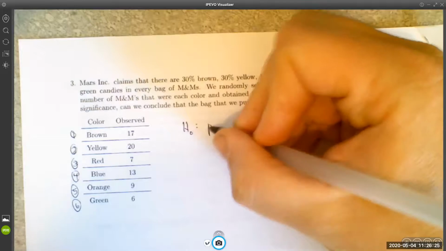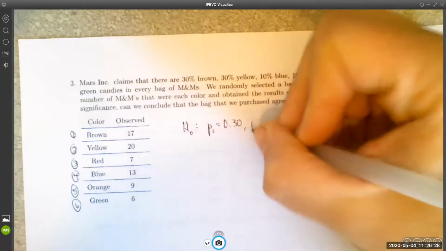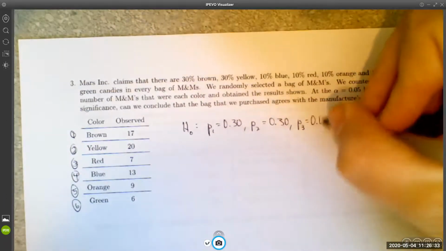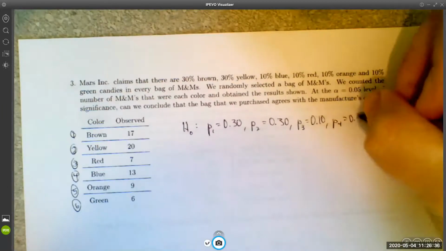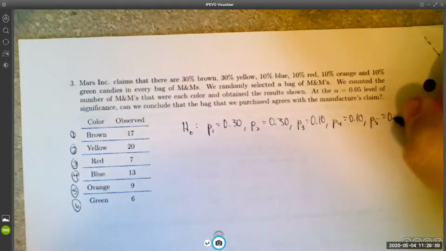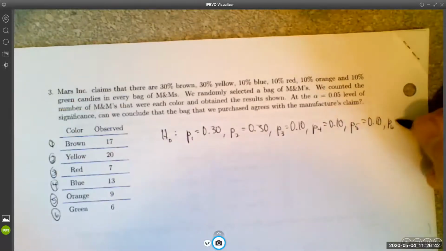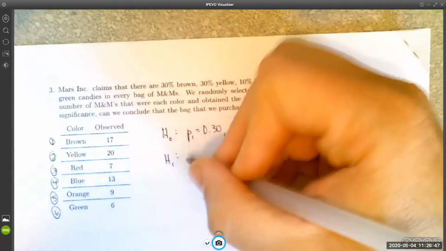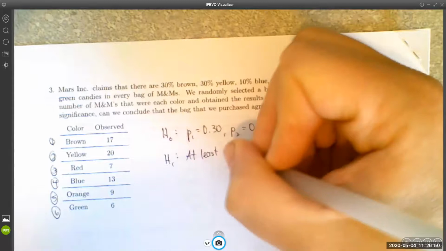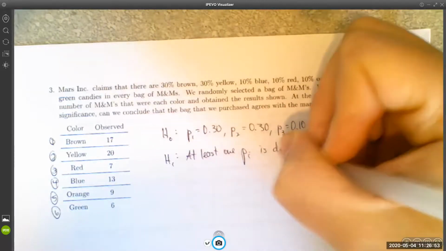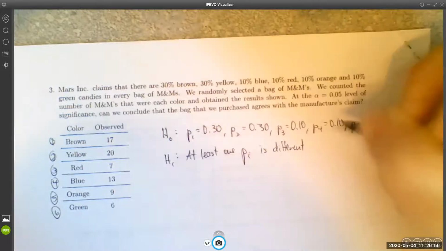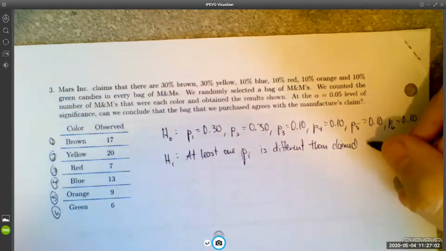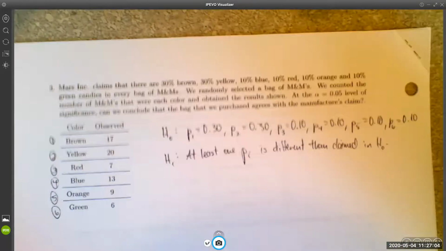So P1 equals 30, P2 equals 30, and the rest are 10. The alternative is that at least one Pi is different than claimed by Mars.